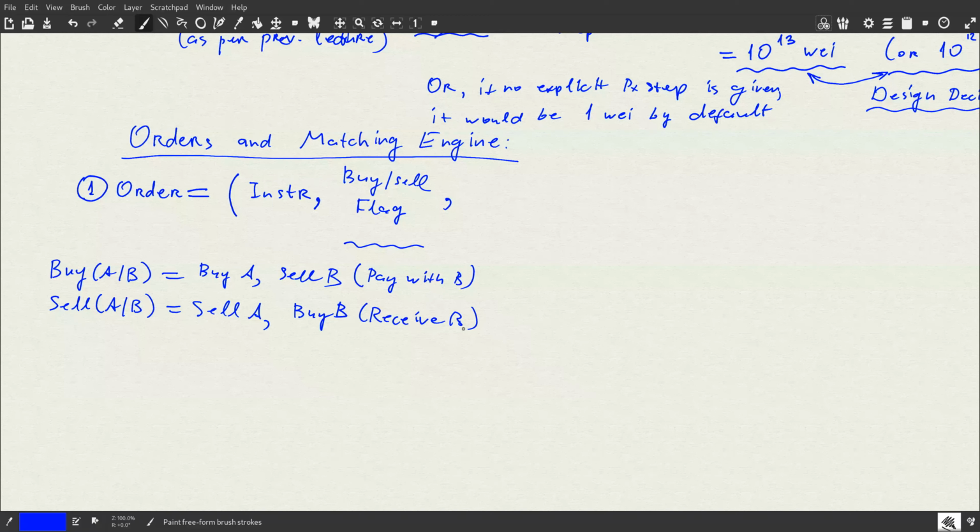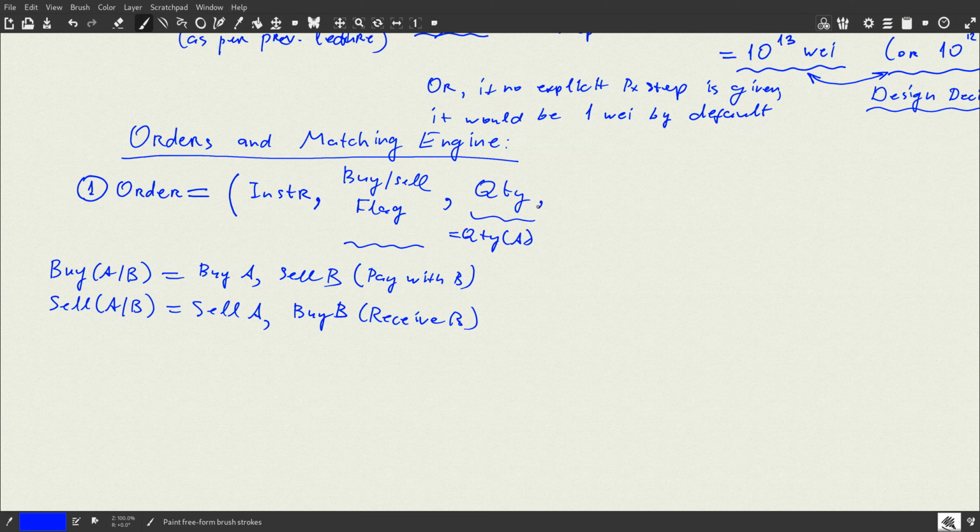What else comes in the order? Quantity. Order quantity, if you remember, is quantity A. Then the situation becomes interesting.